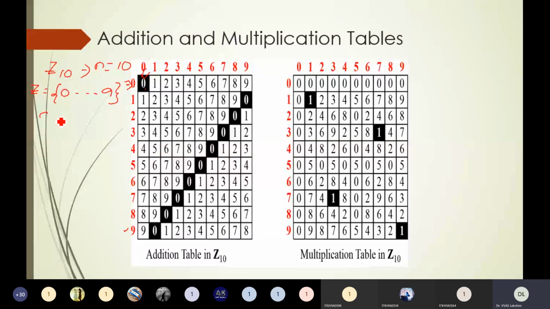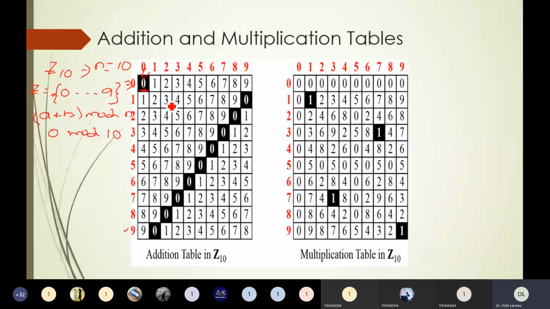So what is the formula for additive inverse? a plus b mod n. In this case, the rows indicate the a value and the columns indicate the b value. So 0 plus 0 is 0, mod 10, so that is 0.